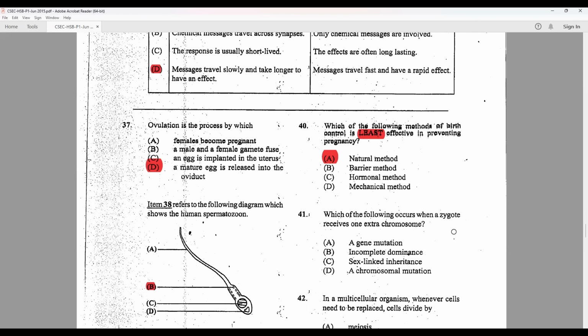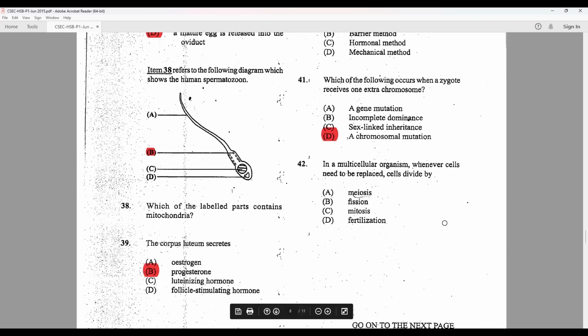41. Which of the following occurs when a zygote receives one extra chromosome? You may know this as Down syndrome as an example. So one extra chromosome is a chromosomal mutation, D being the answer. Question 42.